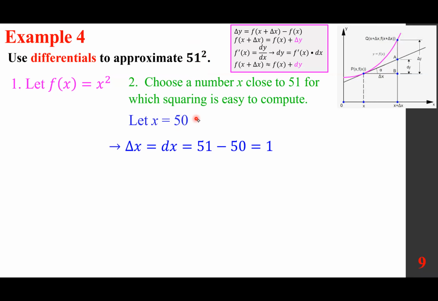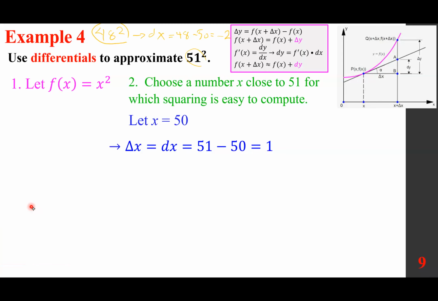That's the concept. However, if we were interested in, let's say instead of 51, we would be interested in 48 squared. Please understand, in this case, dx is 48 minus 50, which is negative. And the sign is important.